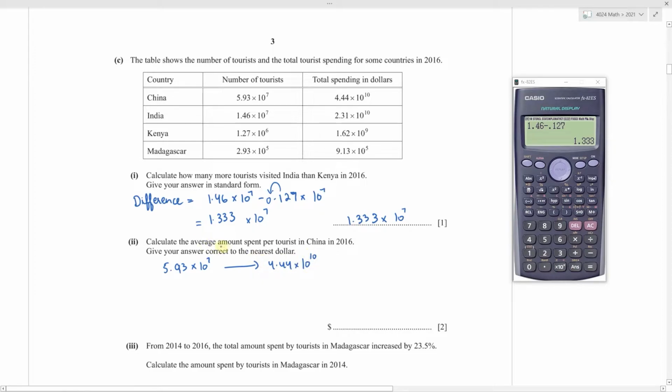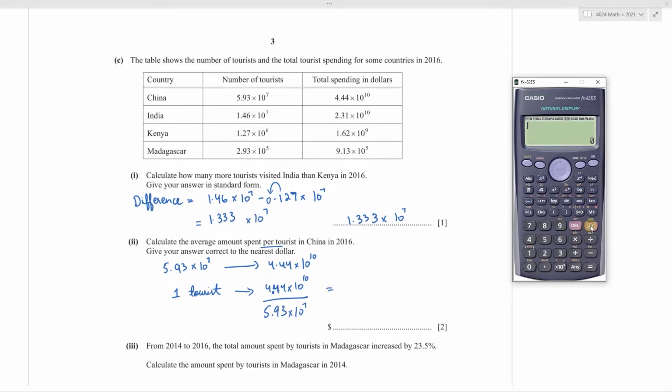So now you have to calculate amount spent per tourist. So for one tourist, you will have 4.44 into 10 power 10 divided by 5.93 into 10 power 7.